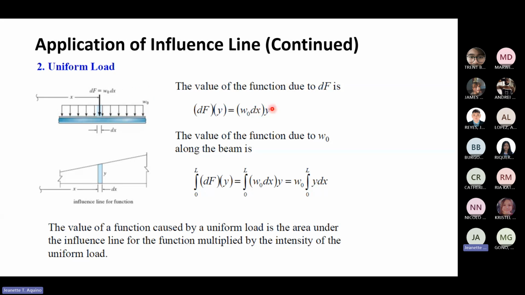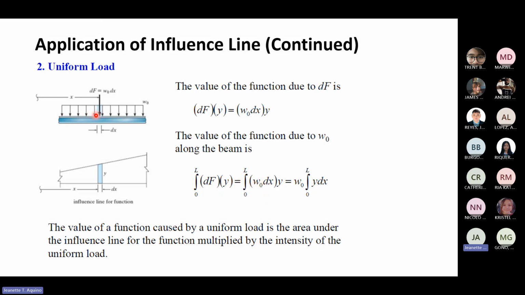So the value of the function due to w0 along the beam is the integral of dF y from 0 to the length, which is w0 dx.